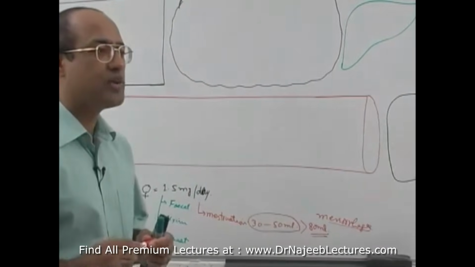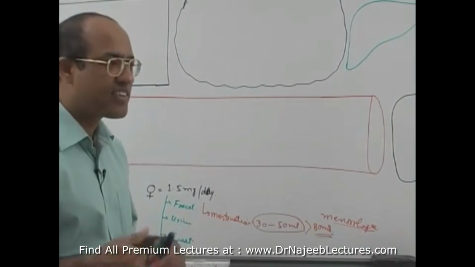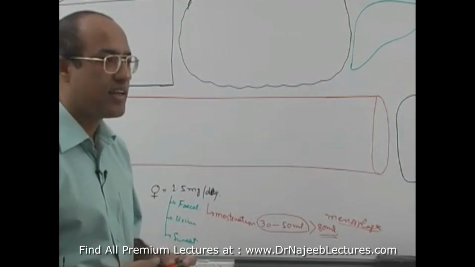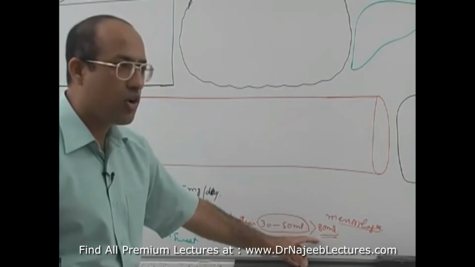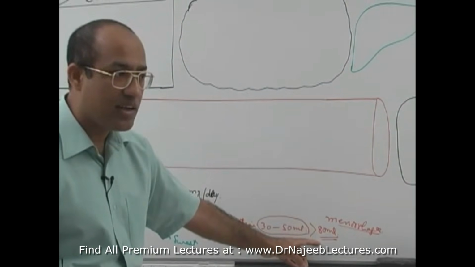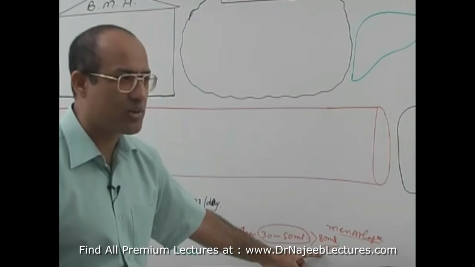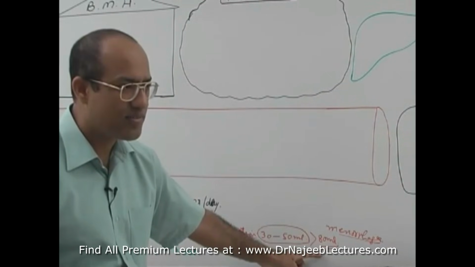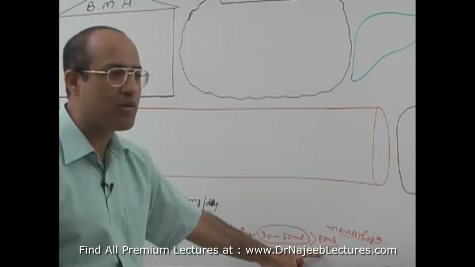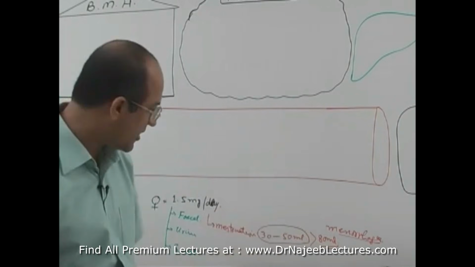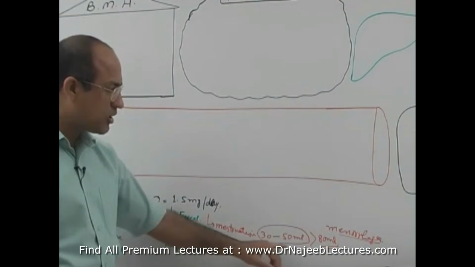Menorrhagia is a condition in which a female is losing excessive blood in the menstrual cycle. It is defined as blood lost more than 80 ml per cycle, or bleeding more than 8 days, or blood with clots, because when there's too much blood, it clots. Is that right? So 300 ml will be too much, on the pathological side. So about 30 to 50 ml.